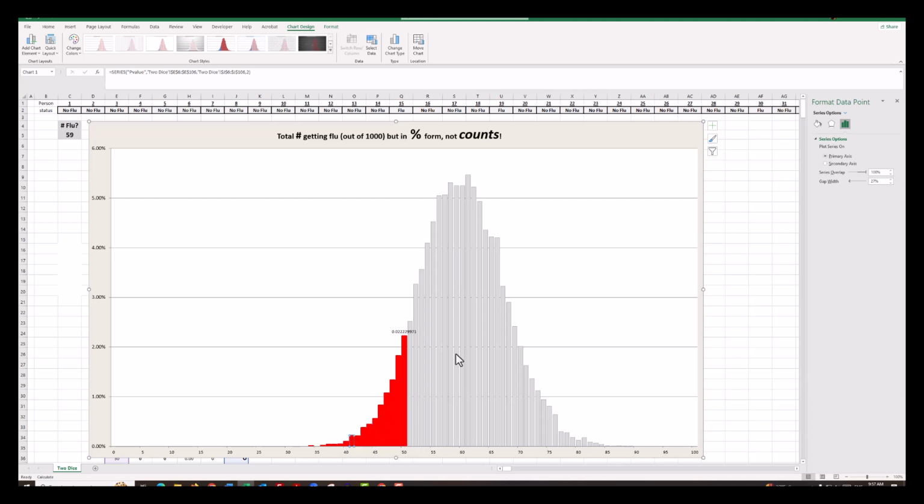If that result surprised us, so would 49, so would 48, so would 47. If indeed, and this is a big if, this is the whole point of the hypothesis test, if indeed 50 out of 500 would be surprising, so would 49 out of 500, so would 48. So you end up summing the probabilities away from the center.